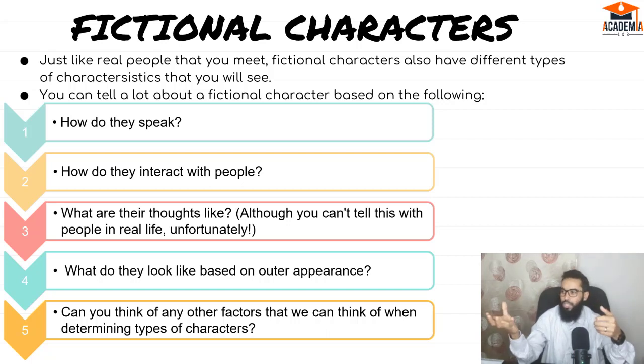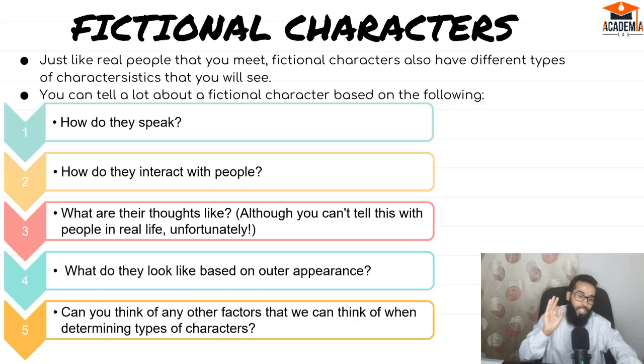You cannot just look at them and know what they're thinking, all right? But we can do that in novels and short stories because the narrators or the writers give us that quality, and we can know what other characters are thinking. So this number 3 will help you identify those characters and understand them more.